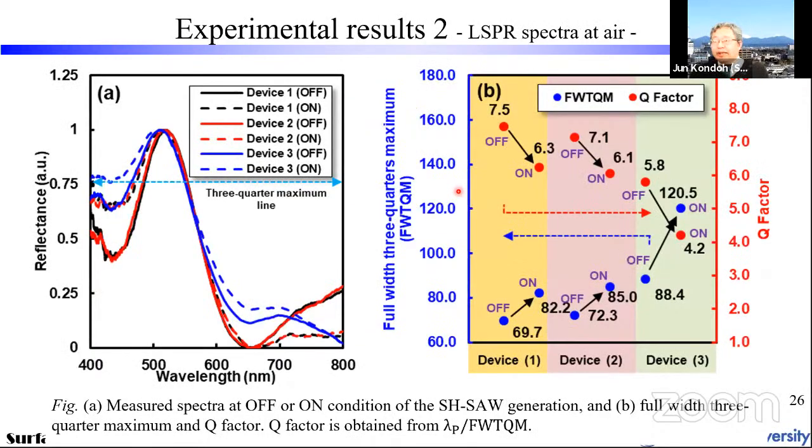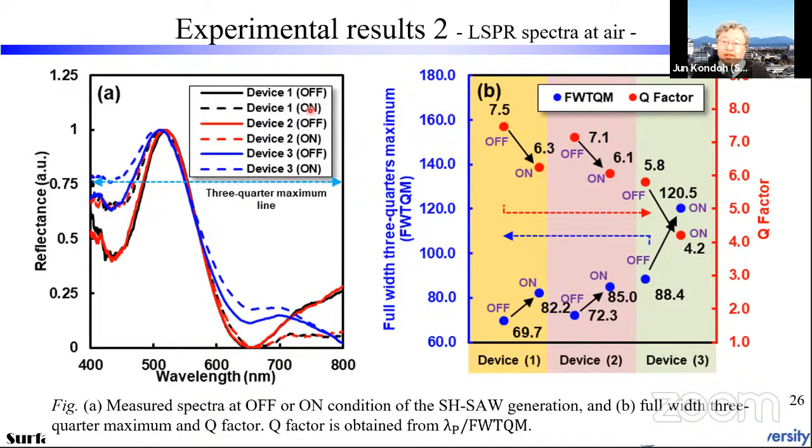Next, we observed the LSPR spectra using 3 devices. We fabricated 3 devices. And off means without SHO, and on means with SHO. And from this figure, you can see the peak wavelength slightly decreases due to the SHO excitation.